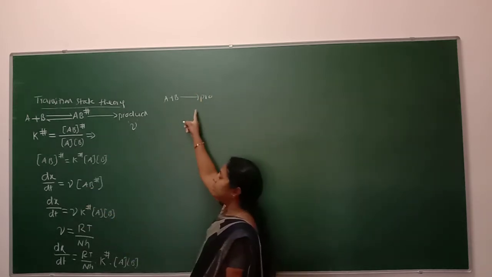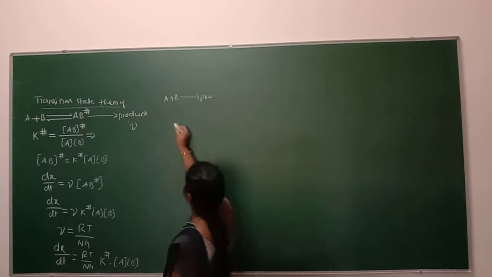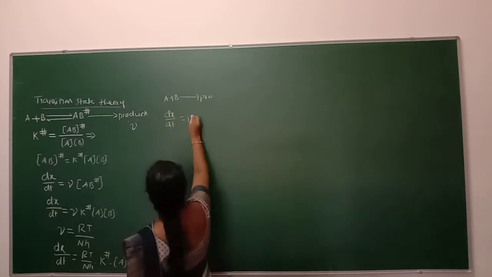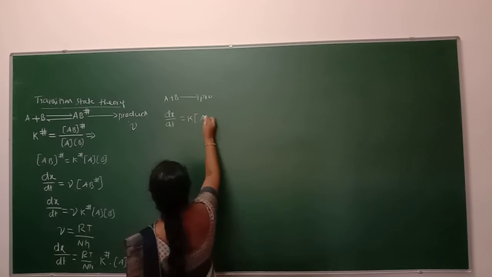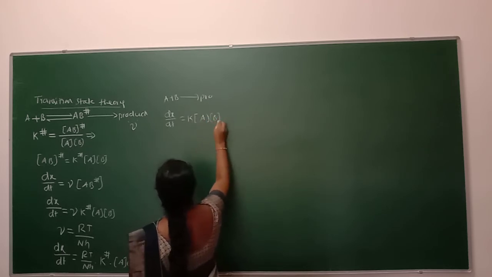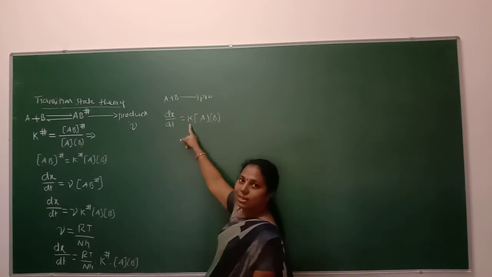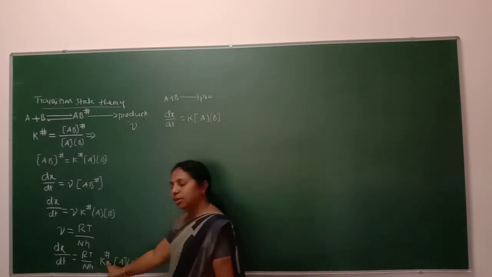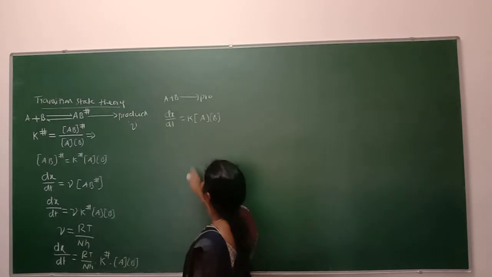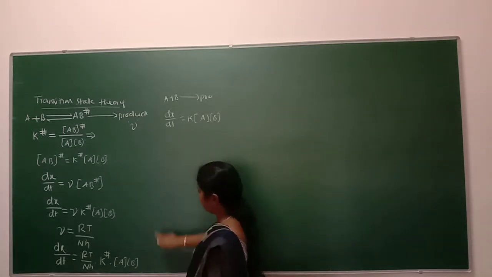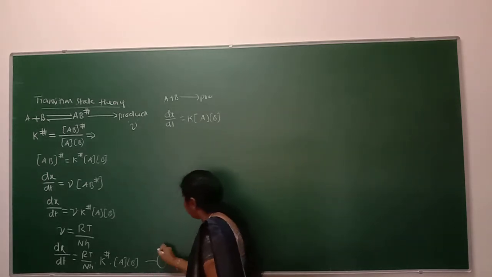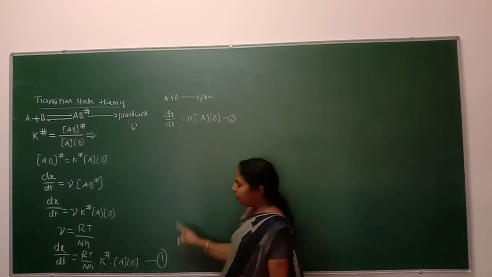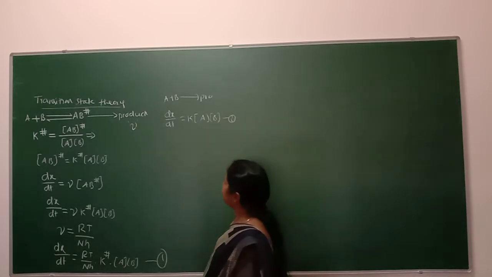For this elementary reaction, we write the rate expression: dx by dt is equal to K into concentration of A into concentration of B. Here K is the rate constant and K hash is the equilibrium constant. So we will compare these two. This is equation number 1 and this is equation number 2. By comparing equations 1 and 2, what are we going to get?